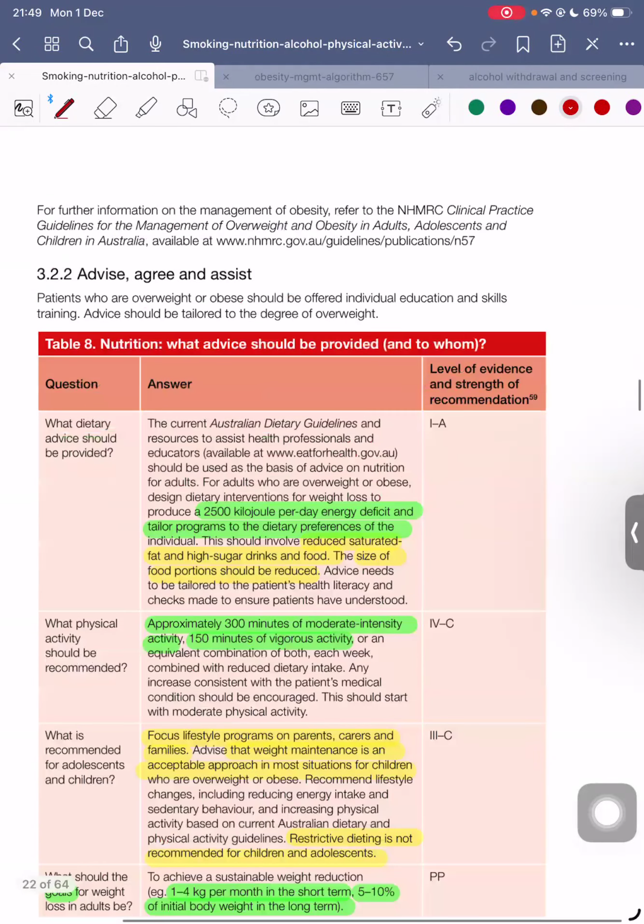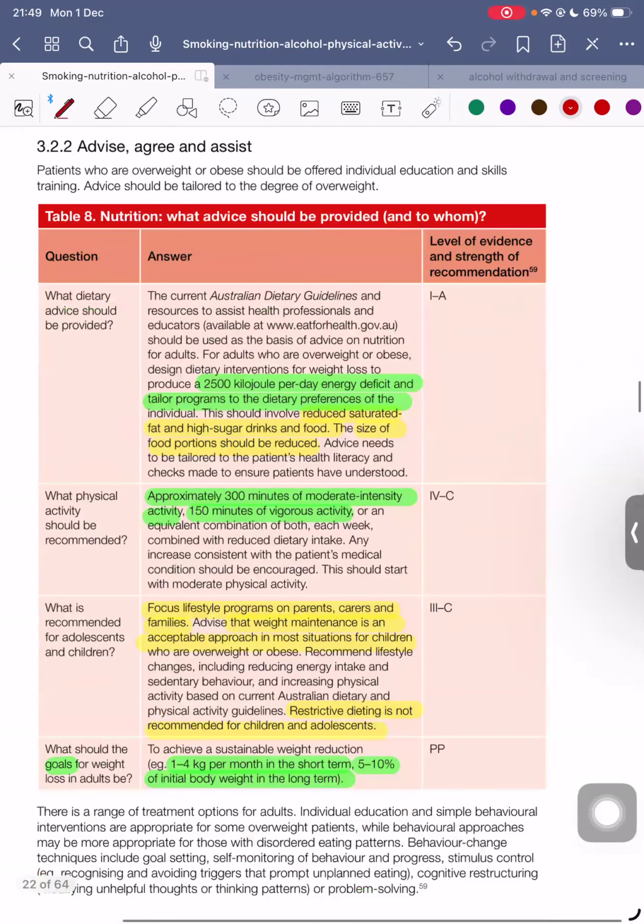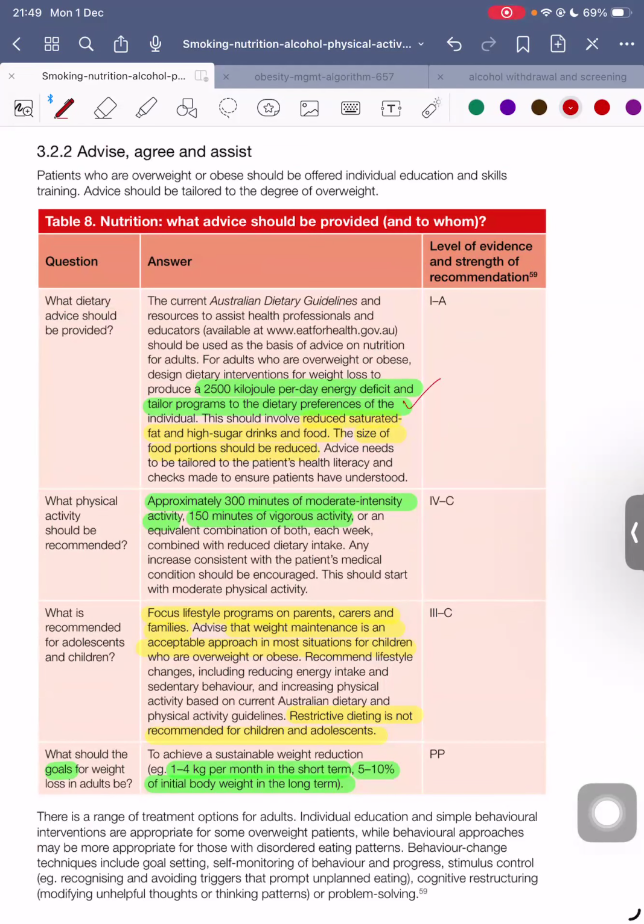Okay, so first, how we advise patients to reduce obesity. We can advise patients to limit to a 2,500 kilojoule daily energy deficit, and tailor the program to the dietary preferences of the individual.